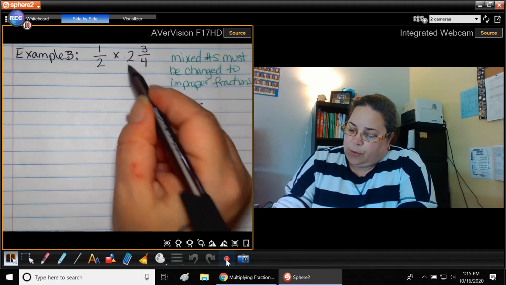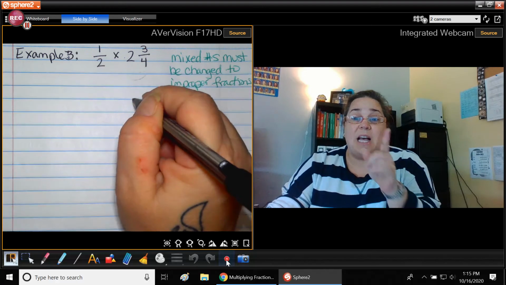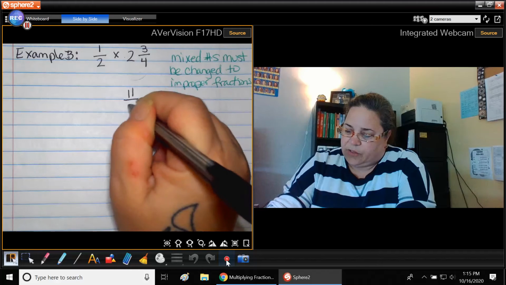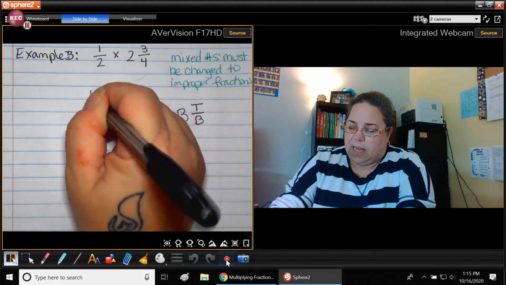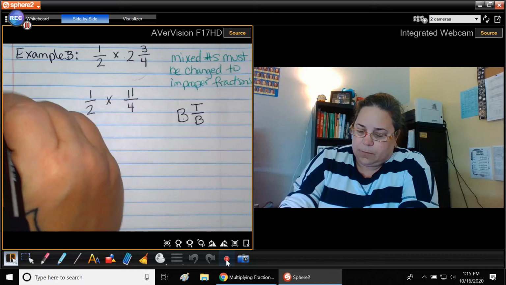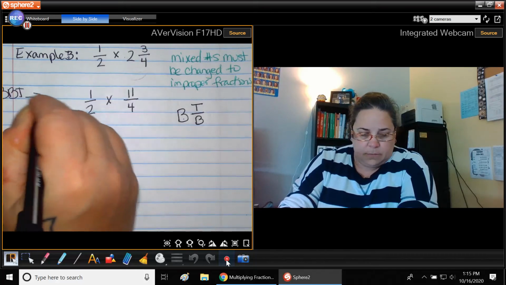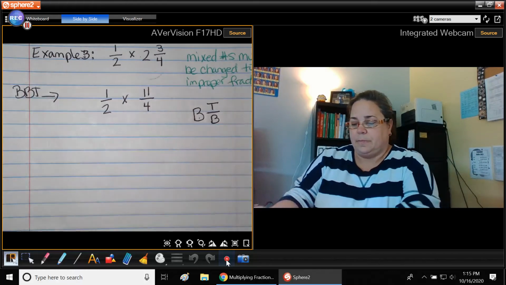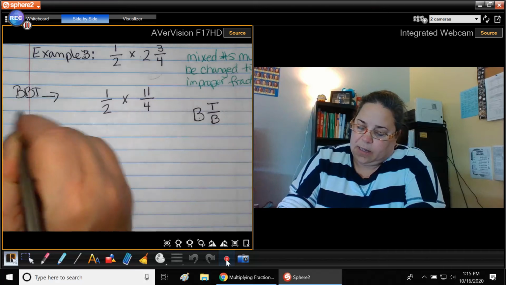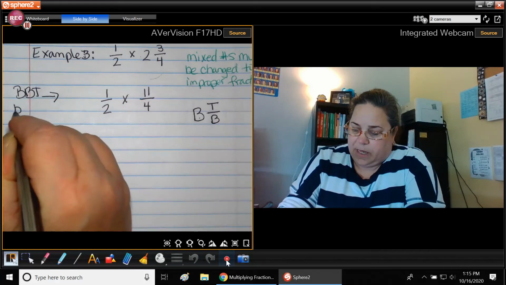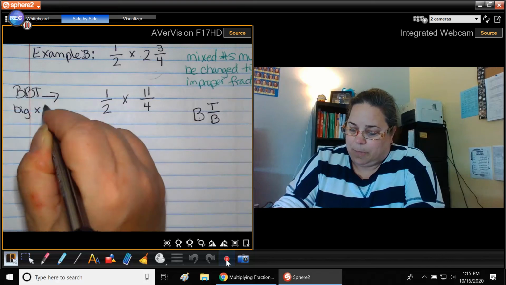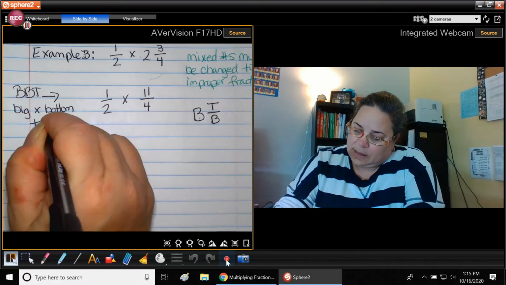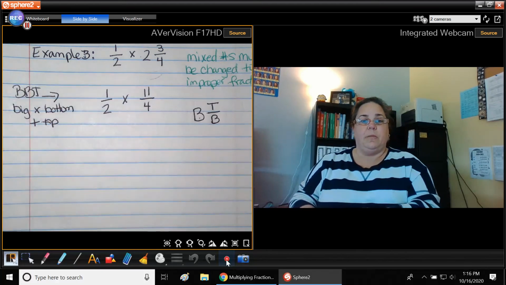So, 2 times 4 equals 8 plus 3 is 11/4 times 1/2. And let's go ahead and write that so we can remember. Big times bottom plus top. Okay. Big times bottom plus top.